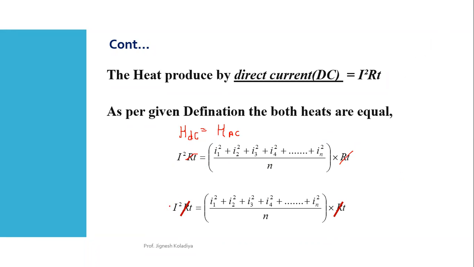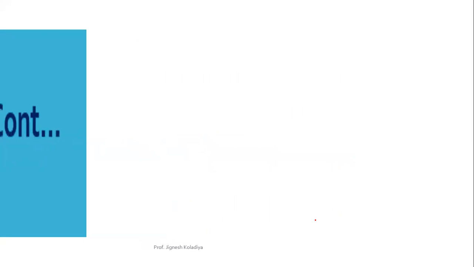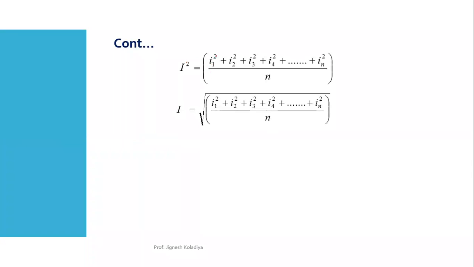So the remaining term is I square equal to the bracket: I1 square plus I2 square plus I3 square plus I4 square up to IN square, divided by N. Now take the square root on this side. So I is equal to the square root of I1 square plus I2 square plus I3 square up to IN square, divided by N.